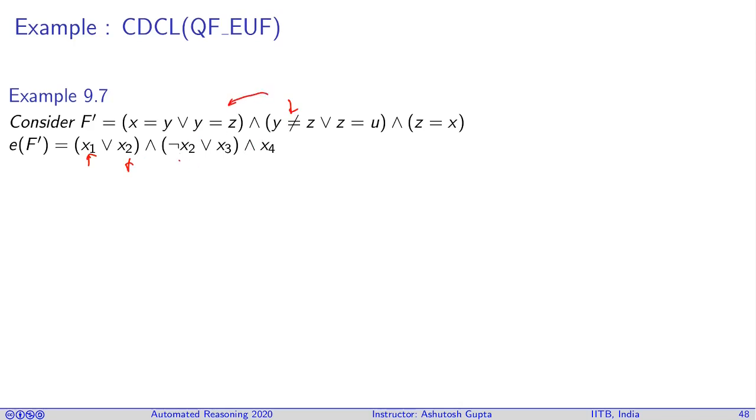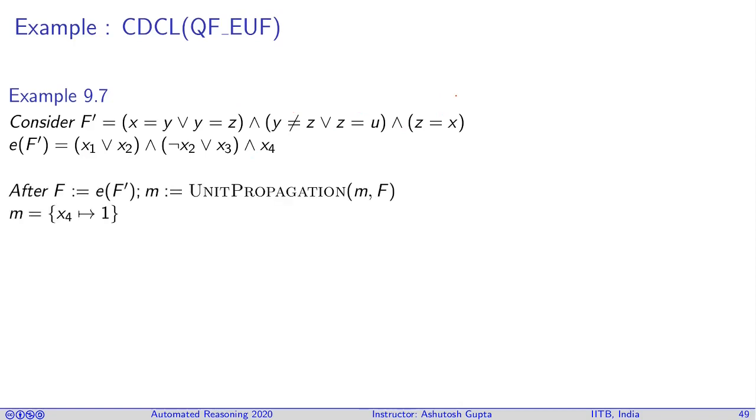So you say not x2 here, x3 is there, and x4 is there. So we run CDCL, and in CDCL you do unit propagation, then x4 gets assigned to true, and since there is nothing more to propagate, you make another decision. You set x2 to false.